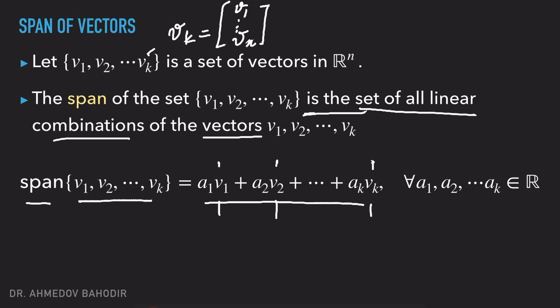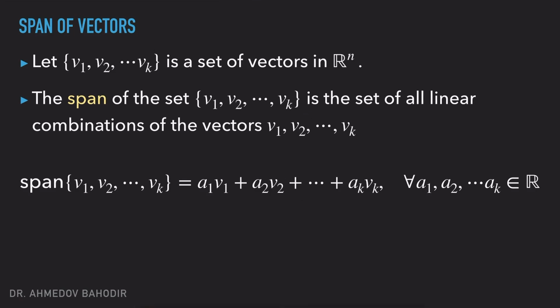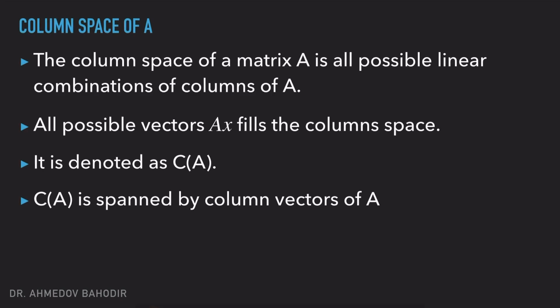And the reason why we're introducing the span of the vectors here is that we would like to define the column spaces of matrices using the span of the columns of the matrix A. Again, the column space of the matrix A is all possible linear combinations of the columns of A, right?